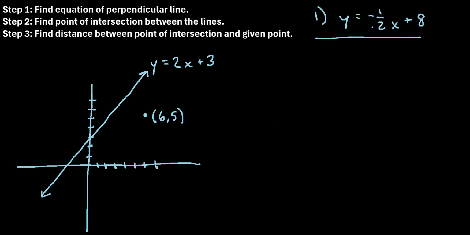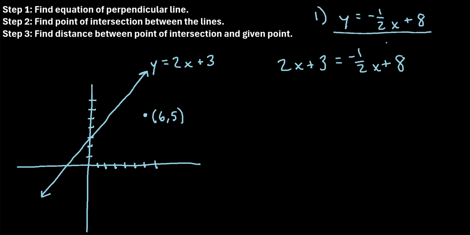Okay, so we did step 1. Step 2 is find the point of intersection between the lines. We want to find where this line and this perpendicular line intersect. The way that we do that is we simply set them equal to each other and solve for x. Once we have x, we'll be able to solve for y. So we say 2x plus 3, this line right here, is equal to negative 1/2 x plus 8, the perpendicular line we just found.